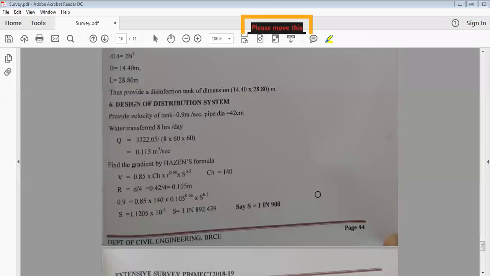Amit is there. Riaz. Sanjay. Shashi, present sir.